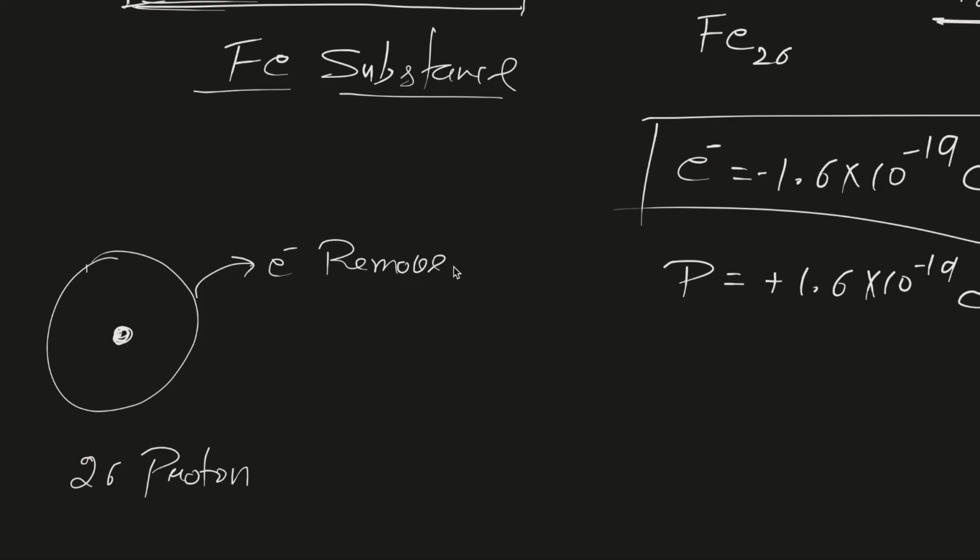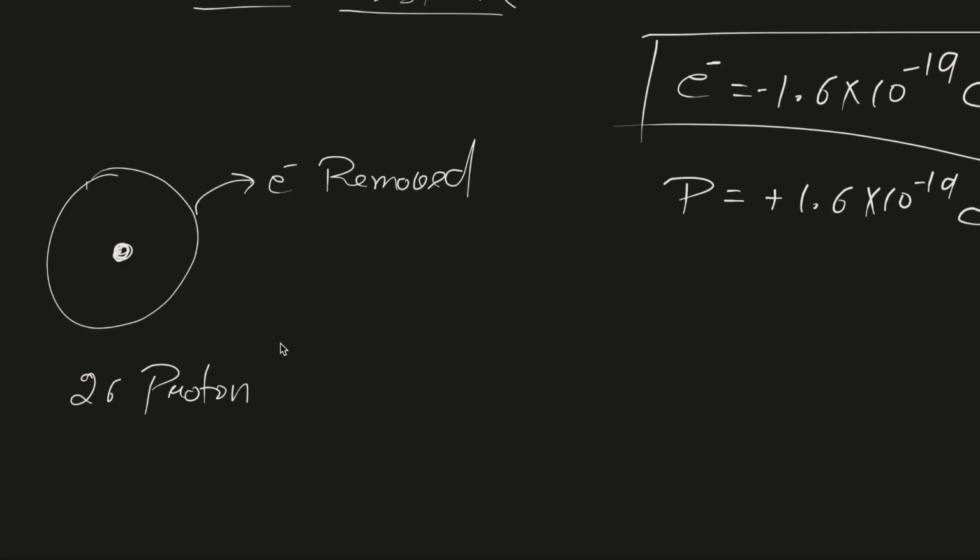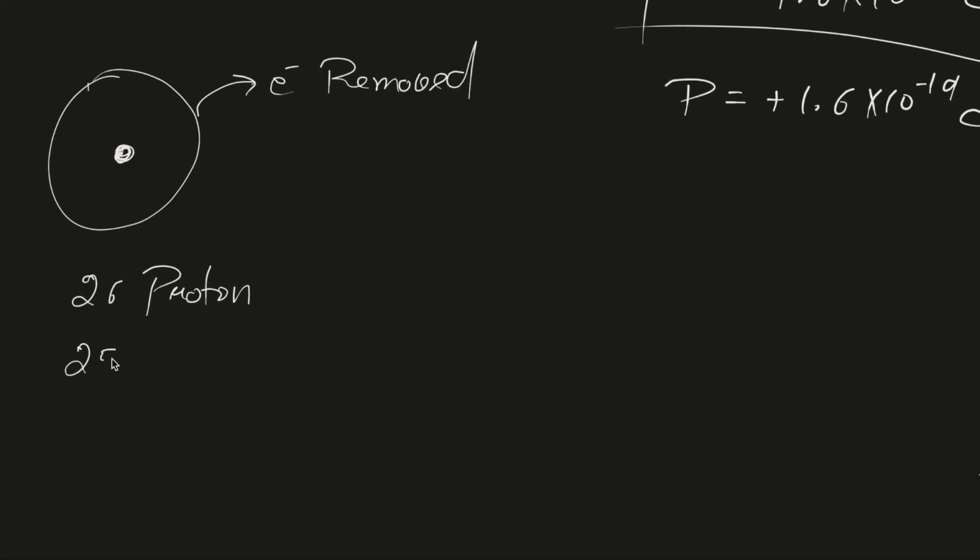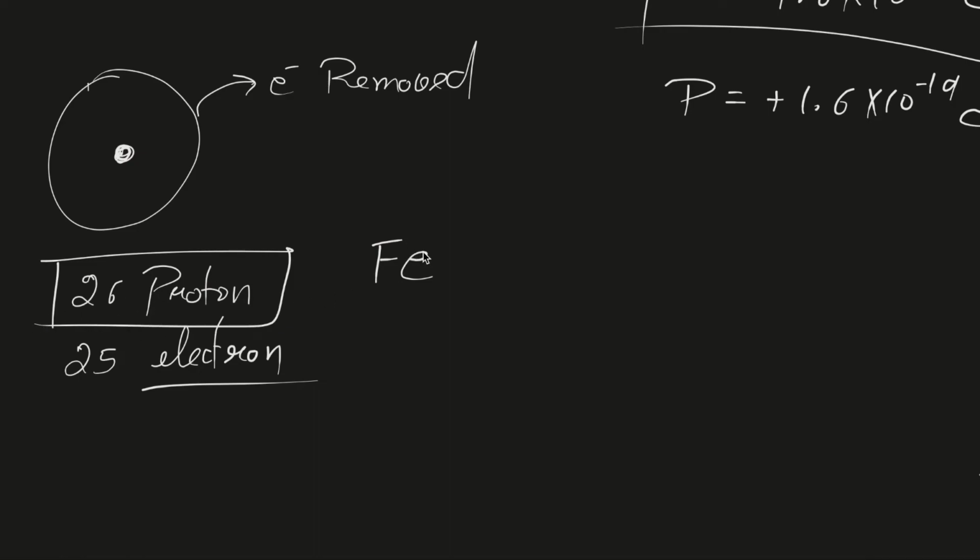Then it has only 25 electrons. So I simply say that it has a deficiency of electrons, so the Fe atom acquires a positive charge because it has one extra proton in it. So it acquires the positive charge and becomes Fe positive.